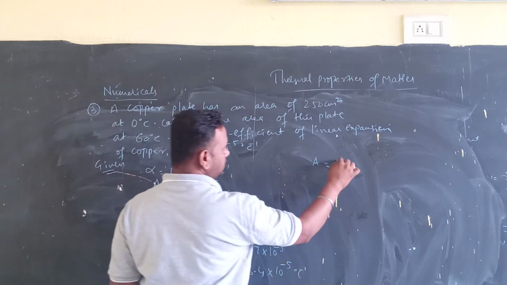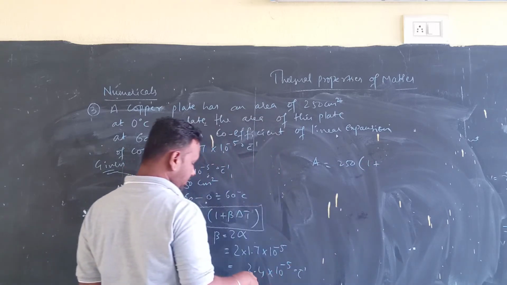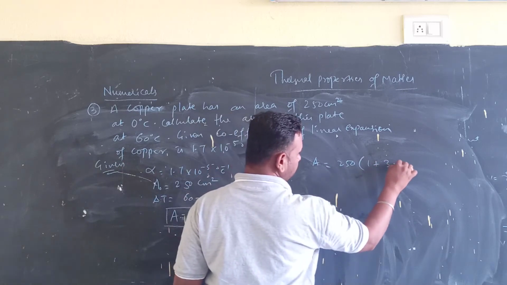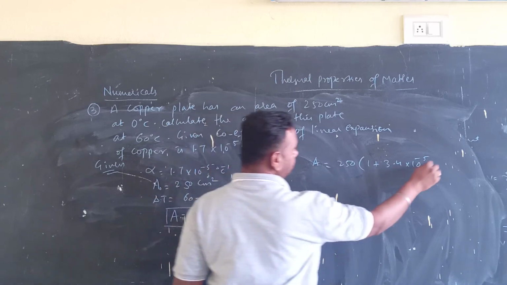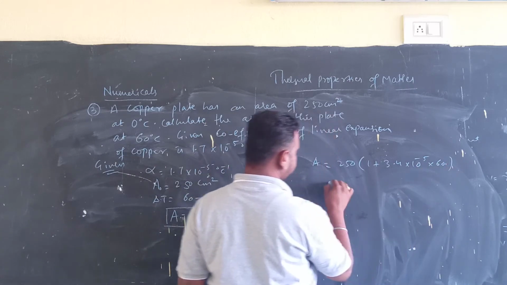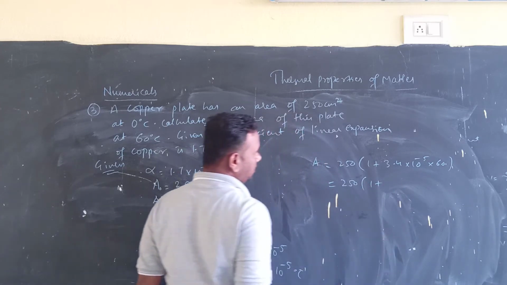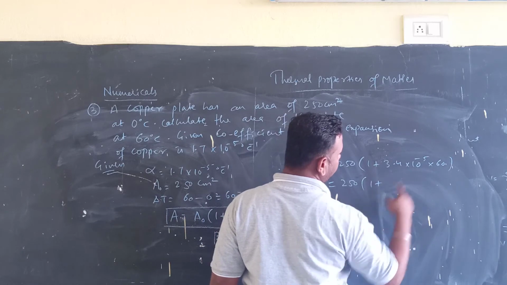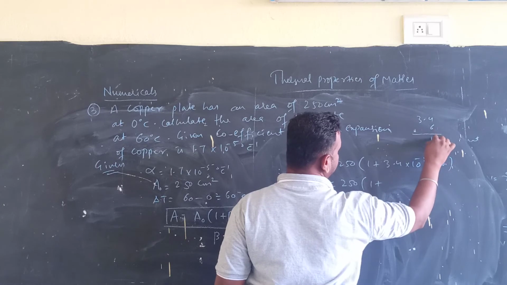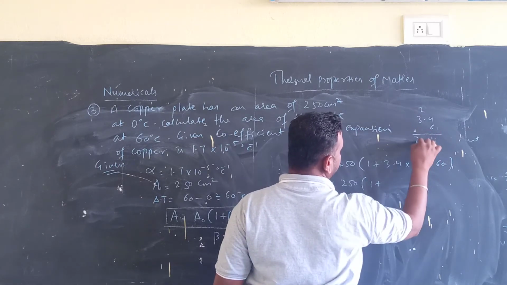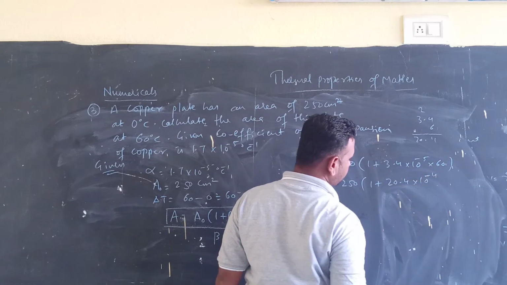A naught is 250 into 1 plus beta, 3.4 into 10 to the power of minus 5, into 60. 250 into 1 plus 3.4 into 6, that is 20.4, into 10 to the power of minus 4.